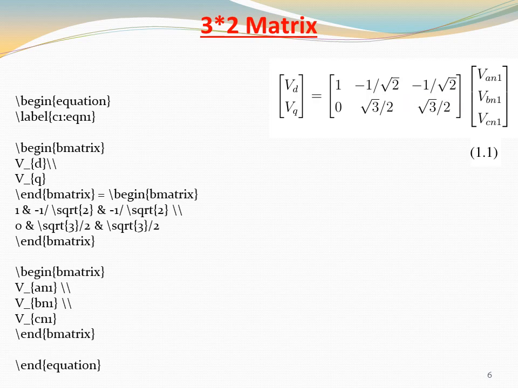So the second matrix is finished. Now the third matrix. So \begin{bmatrix}. The values are B underscore AN1, B underscore BN1, B underscore CN1. Then \end{bmatrix} and the final \end{equation}. Once executed, we will get the final equation like this.